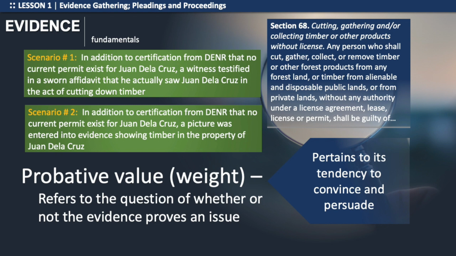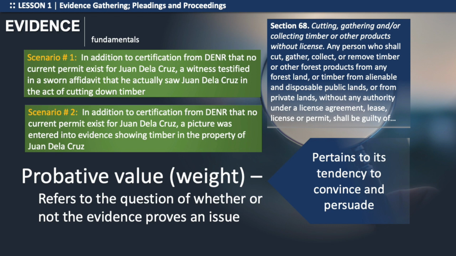So there you have it. You can differentiate between the two. The first one is more conclusive, because there was an actual witness who saw firsthand Juan de la Cruz in the act of cutting down timber. Whereas in the second scenario, there was no actual witnessing of Juan de la Cruz gathering timber without a permit.